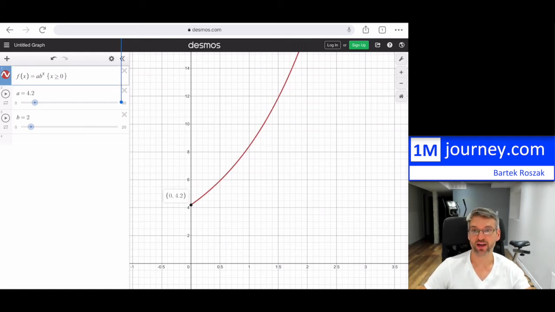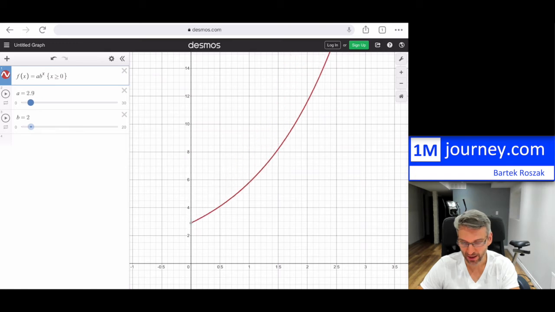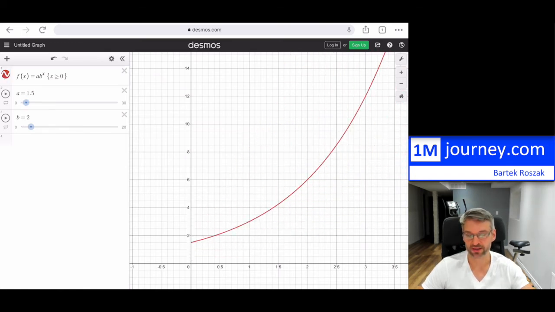So notice if a is 4.2, that's exactly where we start, right? And then I can just move this around wherever I like, and have that starting point. So it doesn't really matter what this a would be. That's going to be just our starting point.